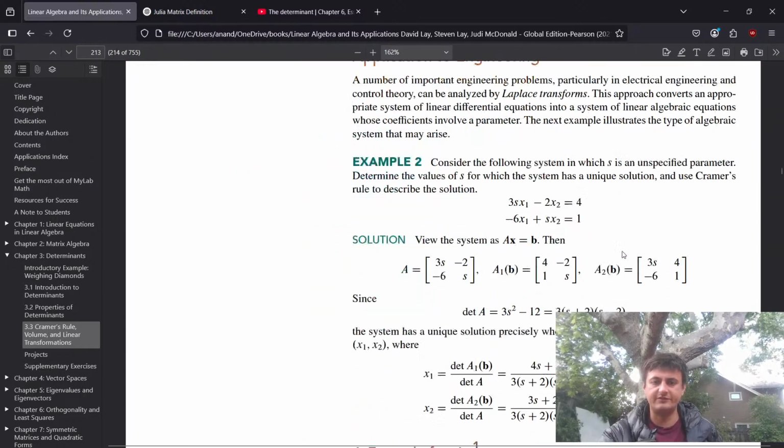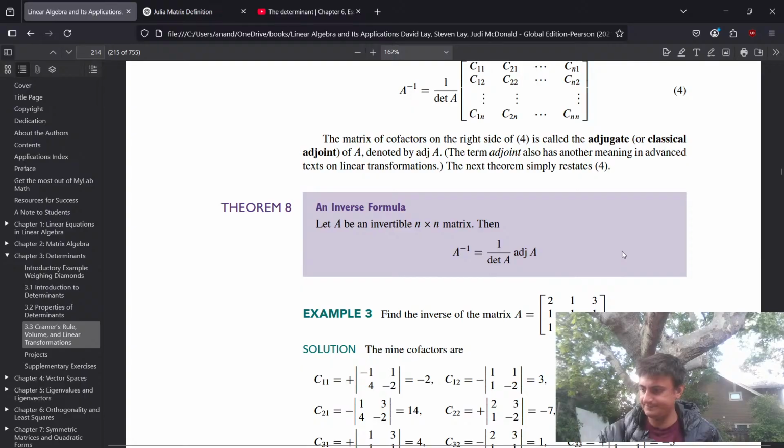Okay, that's theorem 7. Theorem 8. A invertible n by n, then A inverse is equal to 1 over the determinant of A times the adjugate.